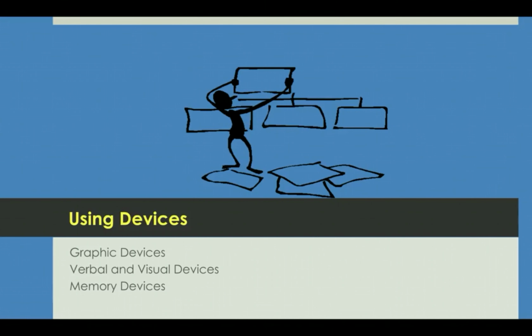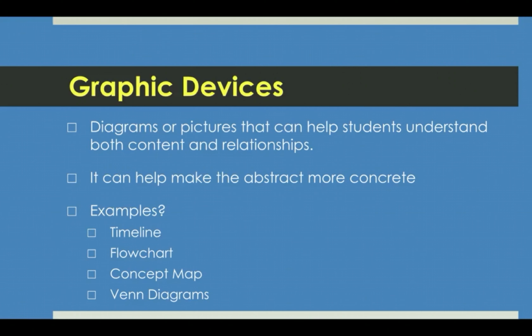You can also use a number of devices that are helpful for differentiating instruction. You can use graphic devices, verbal and visual devices, and then memory devices. Some examples of graphic devices include things like a flow chart, or another graphic such as a concept map or Venn diagrams, and these can really help to make more abstract concepts much more concrete for learners who are struggling with grasping that material.